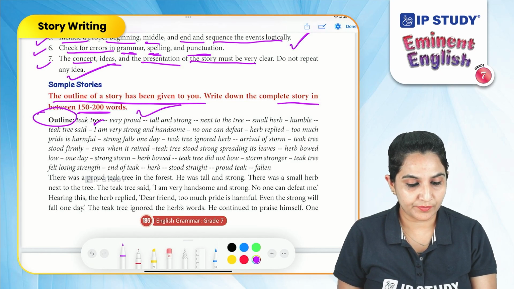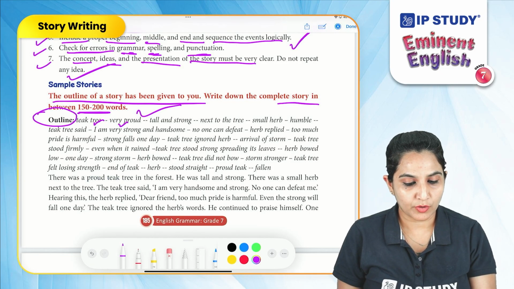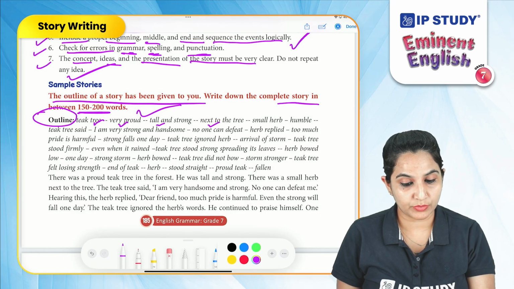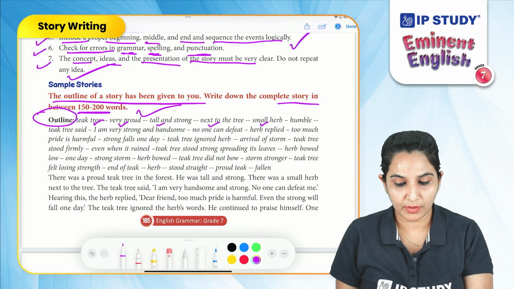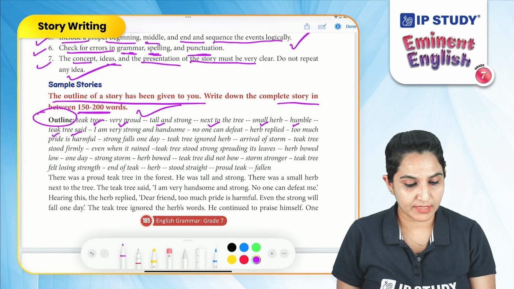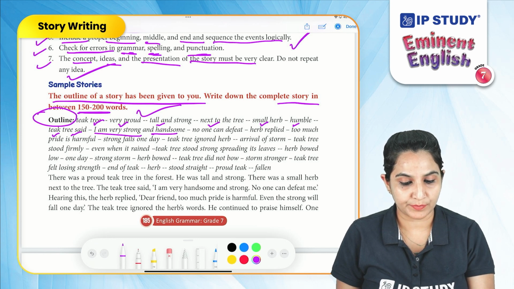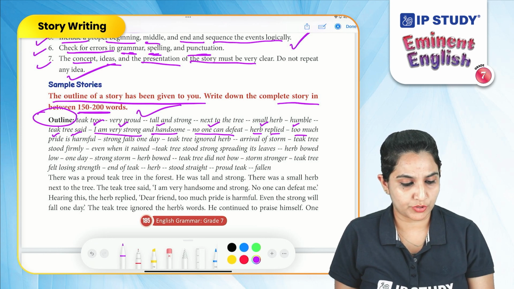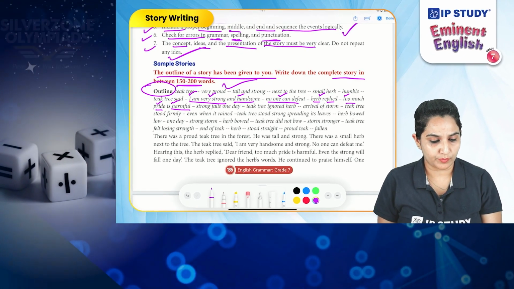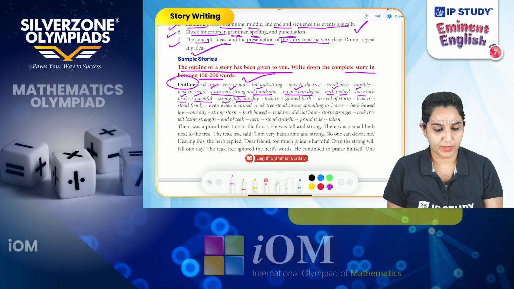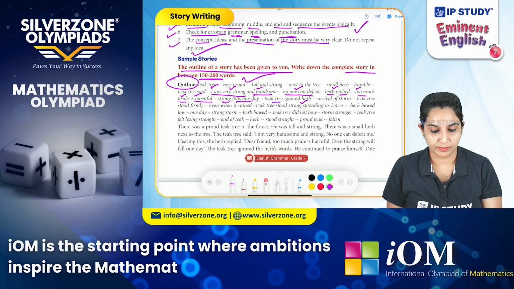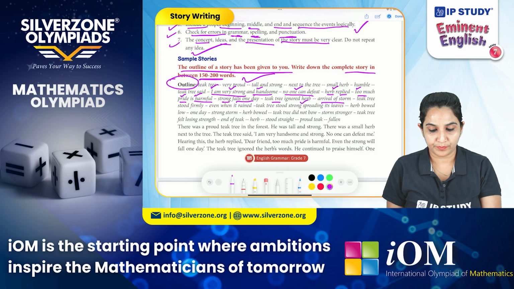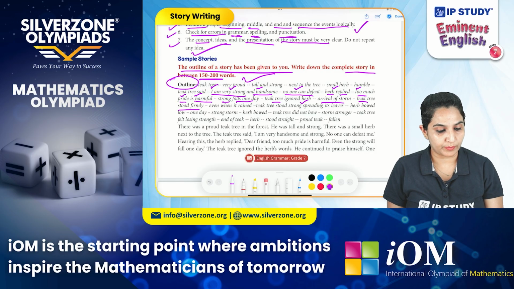Teak tree, very proud, tall and strong, next to the tree. Small herb, humble. Teak tree said, I am very strong and handsome. No one can defeat. Herb replied, too much pride is harmful. Strong falls one day. Teak tree ignored herb. Arrival of storm. Teak tree stood firmly.